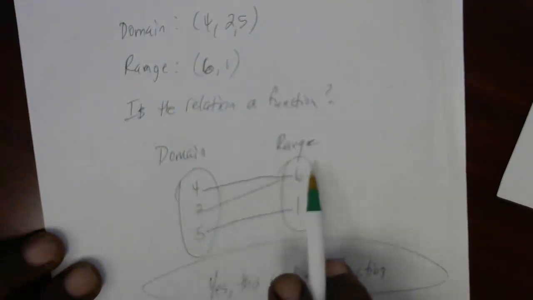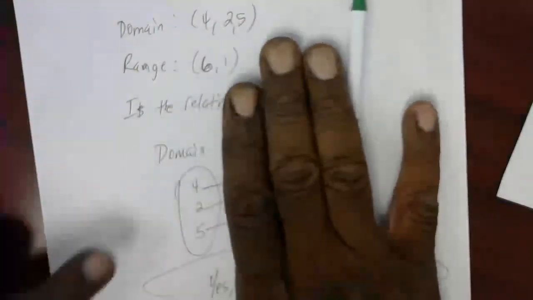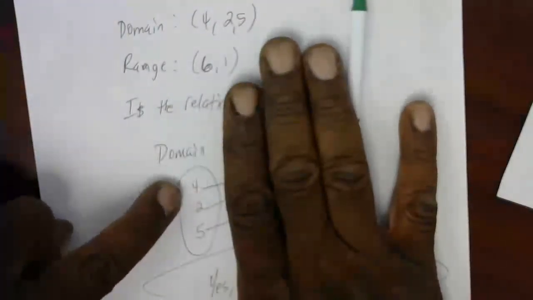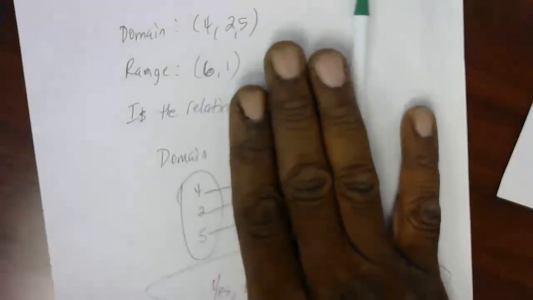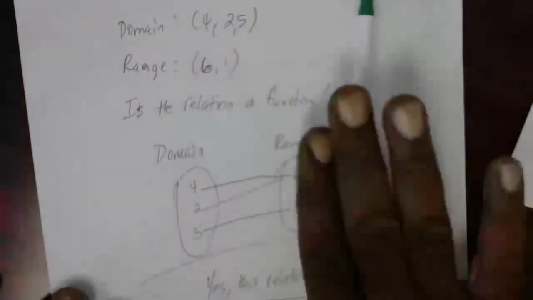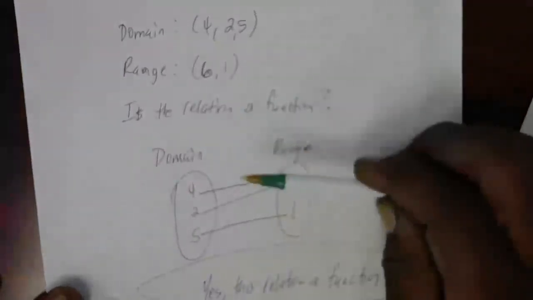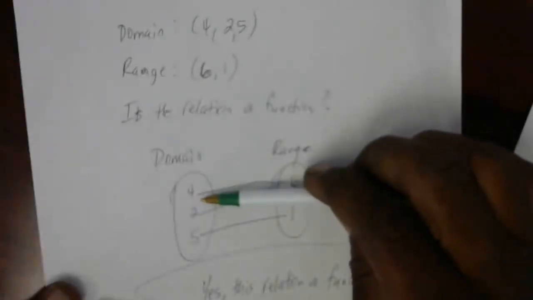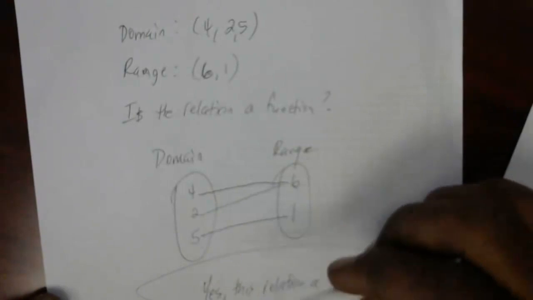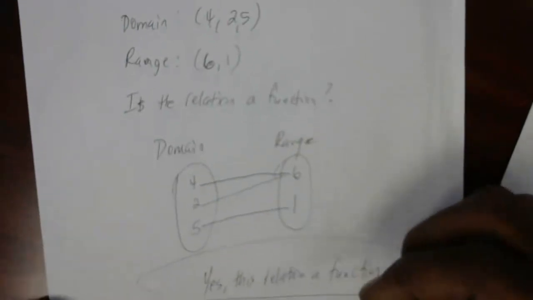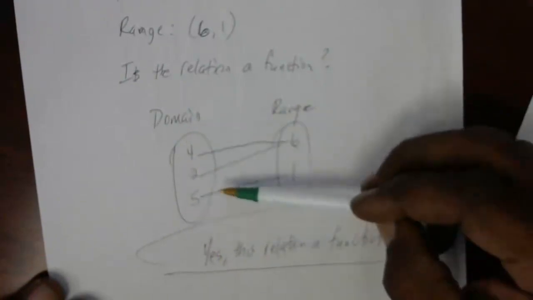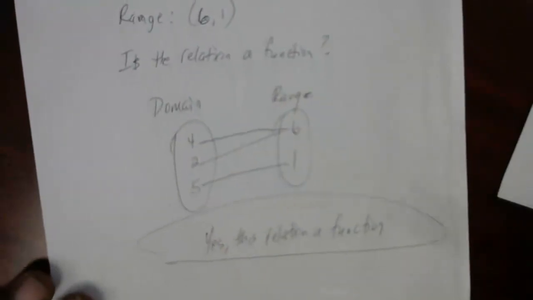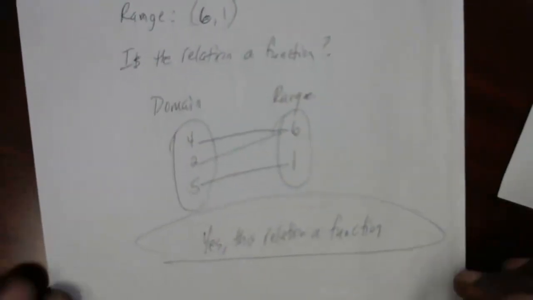Doesn't really matter if they map to the same thing, but what we're looking for is there should only be one line stemming from every domain value. Okay, it doesn't matter about the range, right? We simply don't want any repeating x values. So since we do not have any repeating x values, this relation is a function.